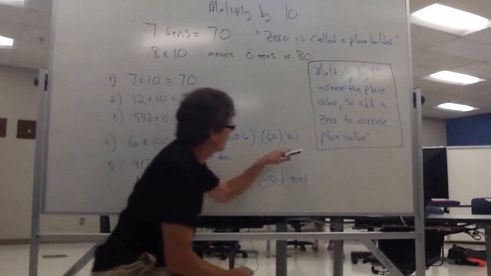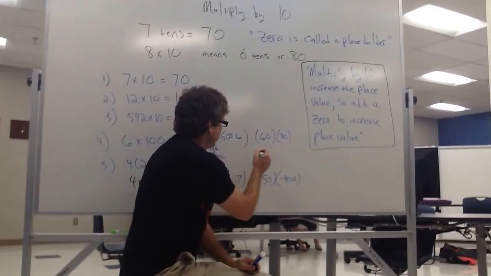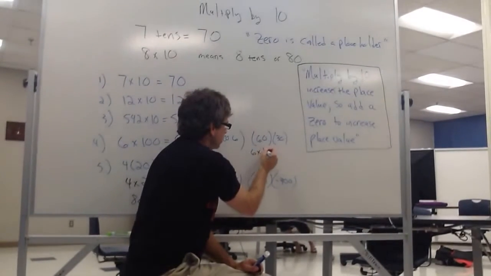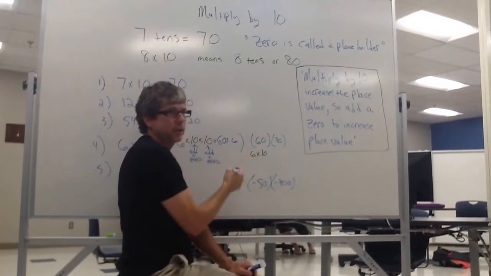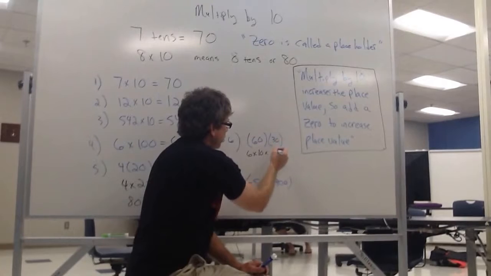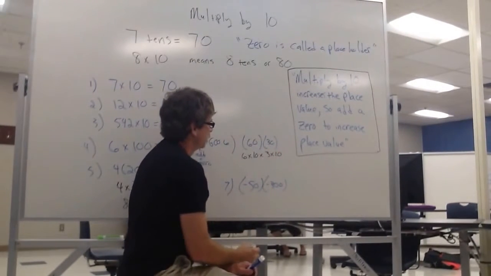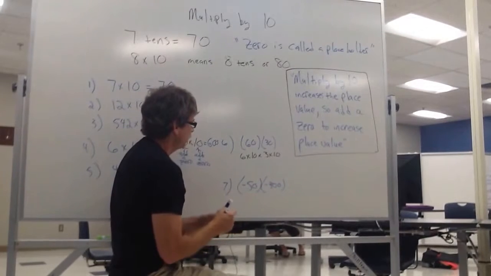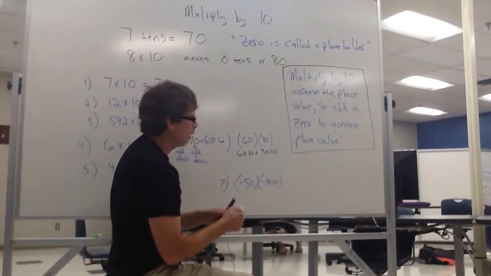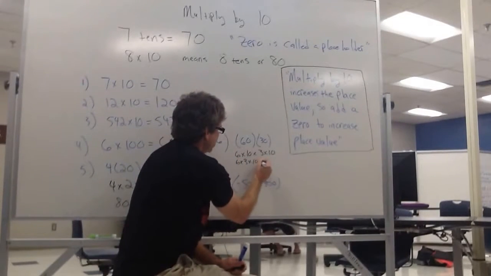If I slide over to this problem, I have 60 times 30. Another way to look at this problem is to say, well, 60 is 6 times 10. Because when you see a zero, that should tell you that you're multiplying by 10. And then you're multiplying by 30, or again, that means 3 times 10. And again, when we see this problem, I can rearrange this problem as 6 times 3 times 10 times 10.